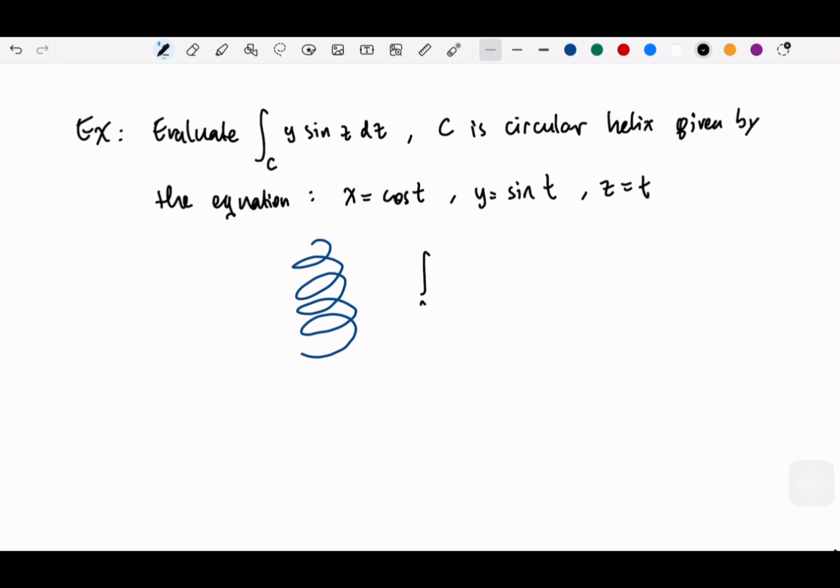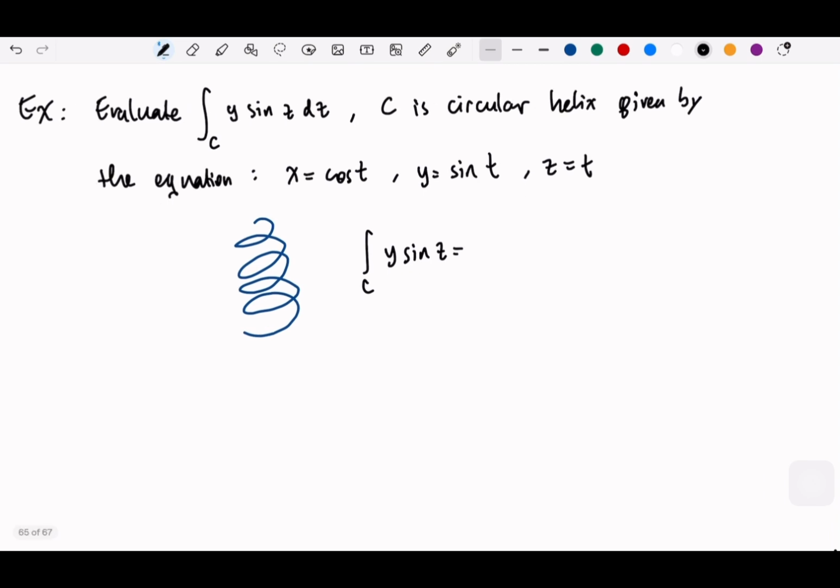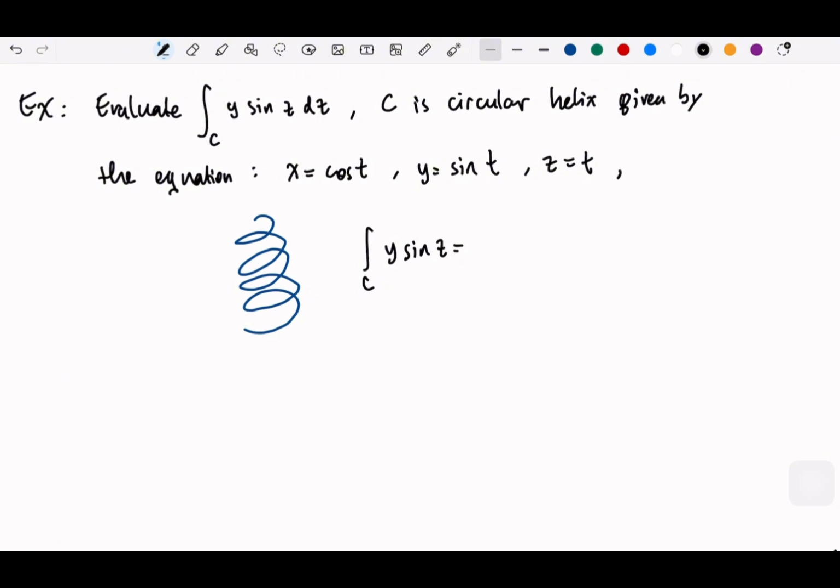So the line integral of y sine z is basically, oh, the question should also come with the parameter, which goes from 0 to 2 pi. Okay. So we are going to change everything in terms of parameter t. So this will be integrate with respect to t.